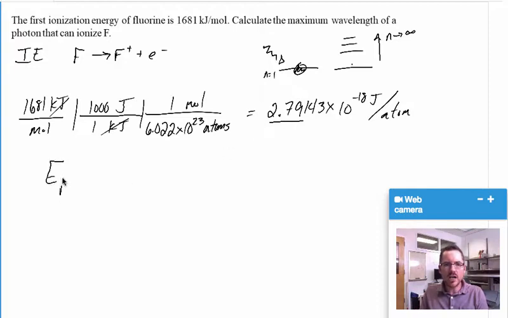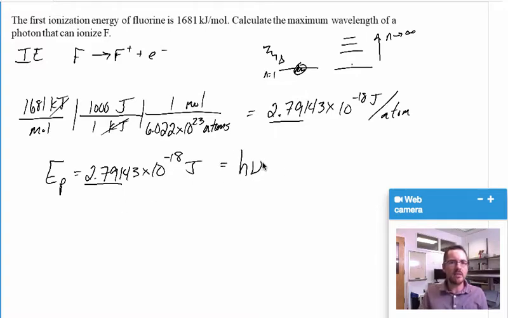So all of this is going to come from a photon. So the energy of a photon is going to be 2.79143 times 10 to the negative 18 joules to 4 sig figs. And this is going to be equivalent to Planck's constant times its frequency, or Planck's constant times the speed of light over our wavelength, because the speed of light is defined as the wavelength of light times the frequency.